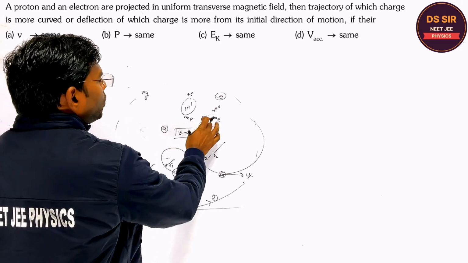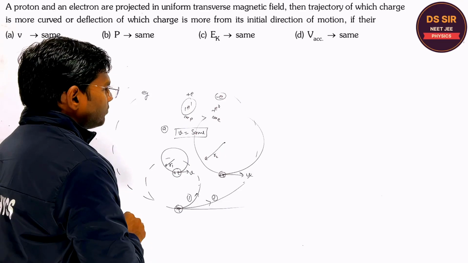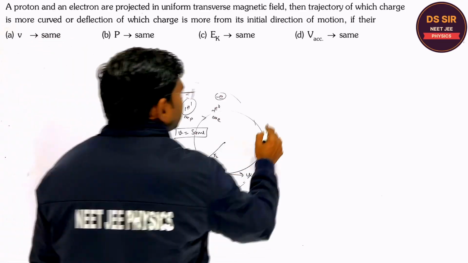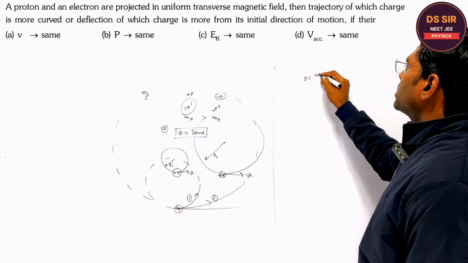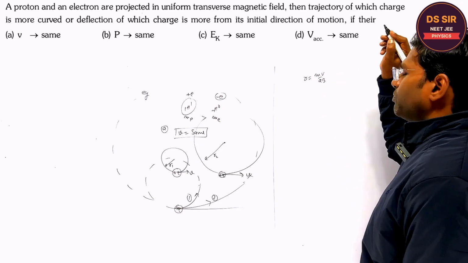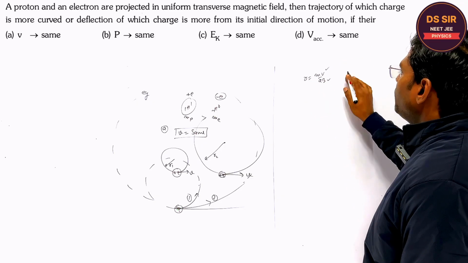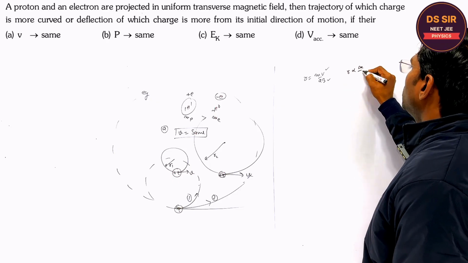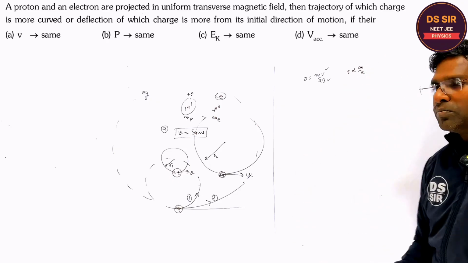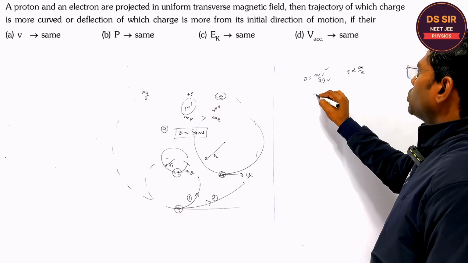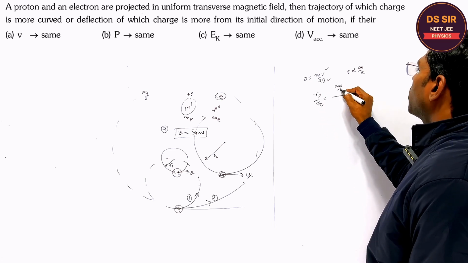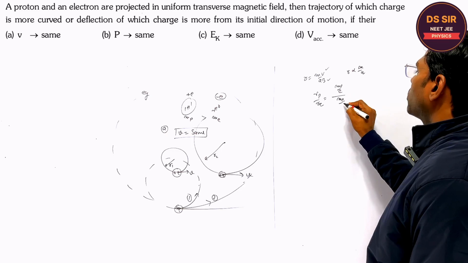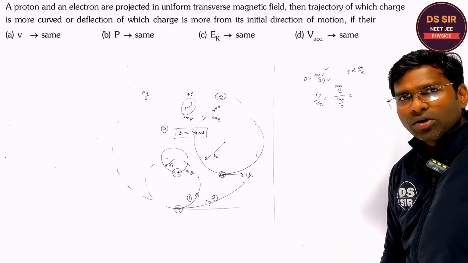So if it is a proton and an electron, the speed is the same. So in the A part, the radius is mv upon qB. The speed v is the same, so the radius is proportional to mass by q. So radius of proton and radius of electron is mass of proton divided by E, mass of electron divided by E. Are you getting or not?